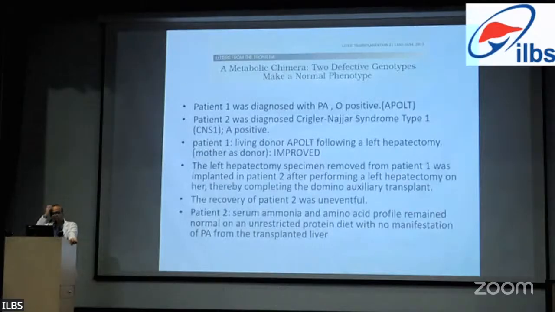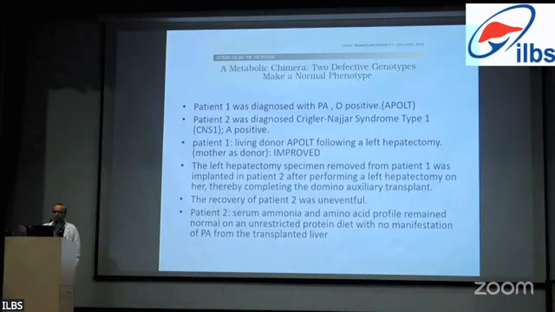And another interesting case that I brought, because though it's a case report, there is a lot of science in this: the metabolic chimera, a defective genotype making a normal phenotype. The first patient was PA positive, the second patient Crigler-Najjar syndrome positive. The first patient underwent APOLT and left hepatectomy was done, and the mother was the donor.